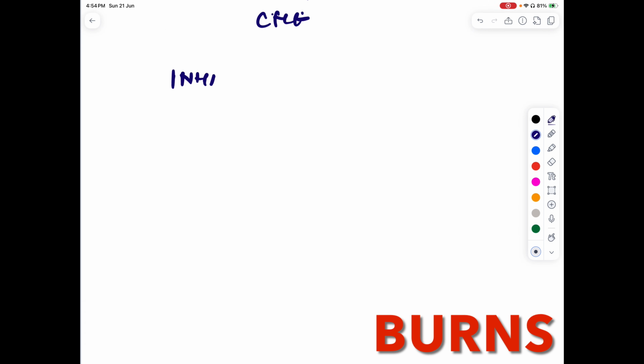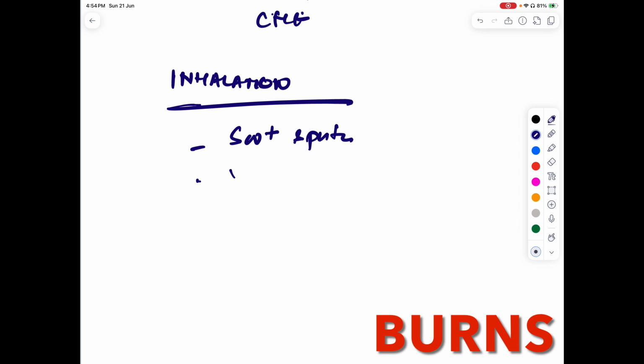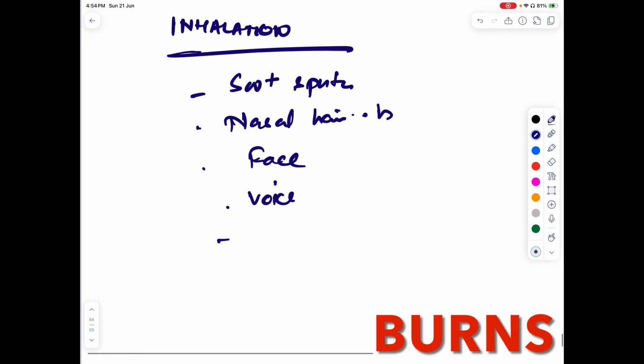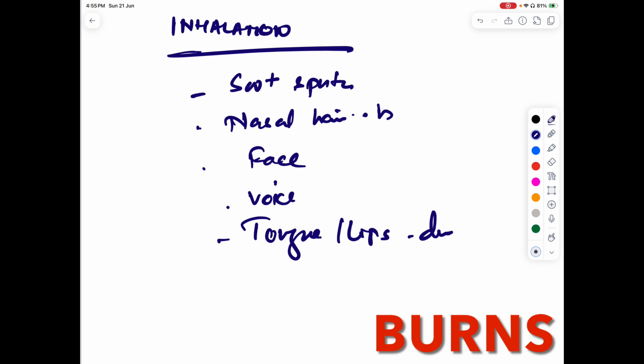This can be asked. Inhalation injury: soot in the sputum, nasal hair burnt, face, voice, edema of the tongue, lips edema.